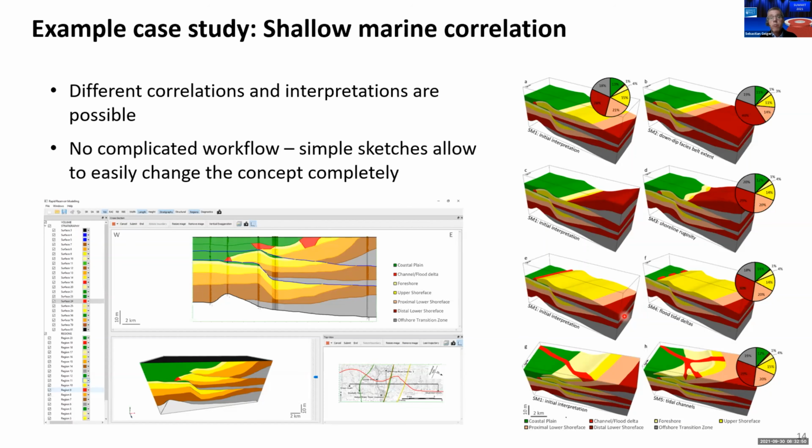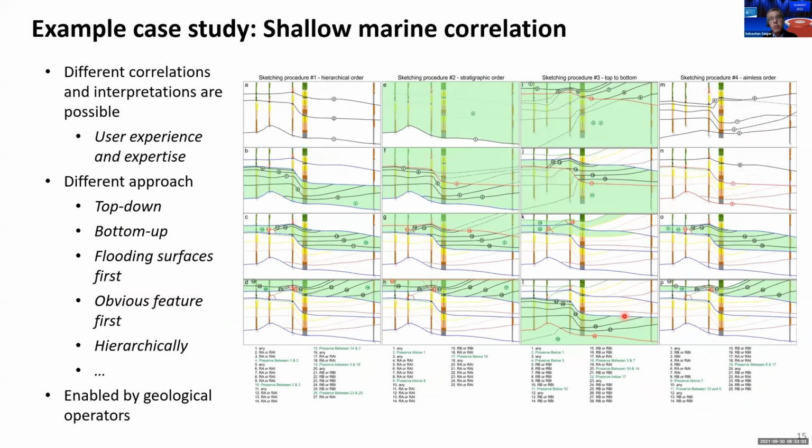And it's really not a complicated workflow. It's very simple to sketch these models and allow the different concepts to evolve and be modified. What you see here is really interesting. You pass this RRM to users and they use it in very different ways based on their own experience and expertise when they interpret different correlations.